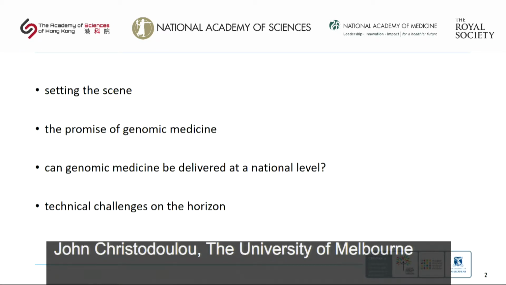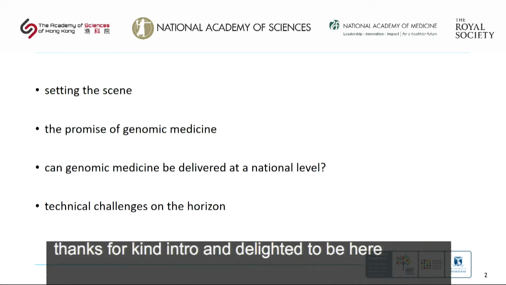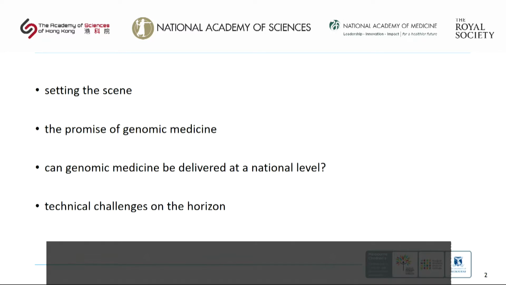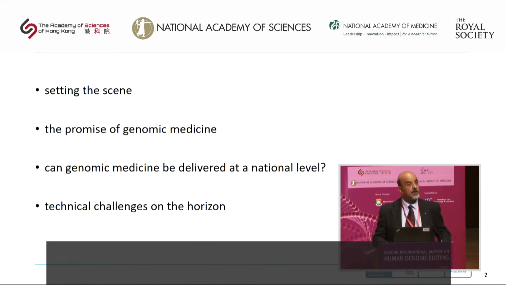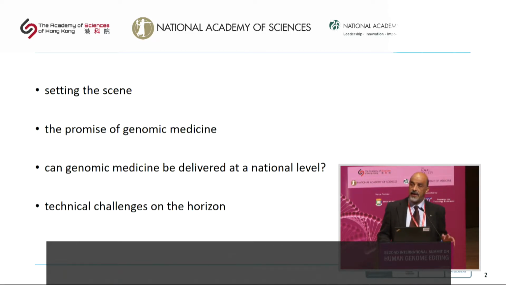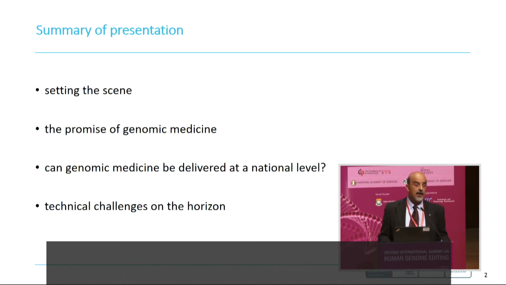I'll touch on some of the promises that genomic medicine has, and then I'll move on to talk about the concept of delivering genomic technologies at scale at a national level in terms of being able to offer testing. And then finally, I'll touch on some of the technical challenges that I see that we will be needing to address over the next 5 or 10 years.